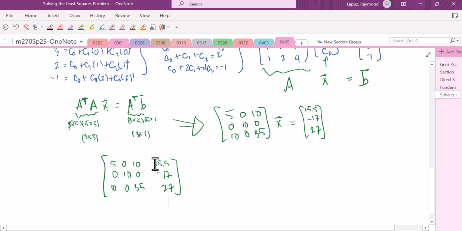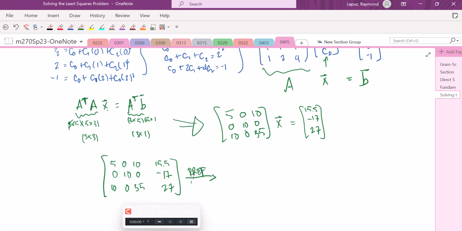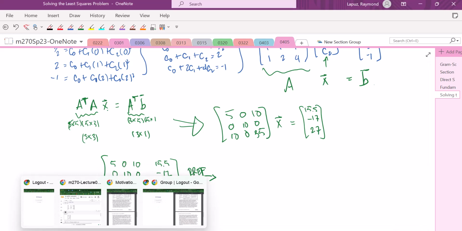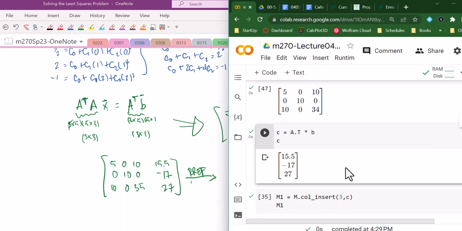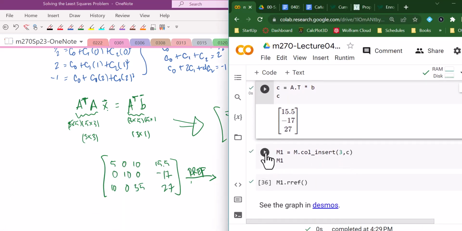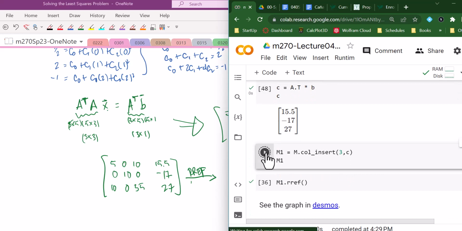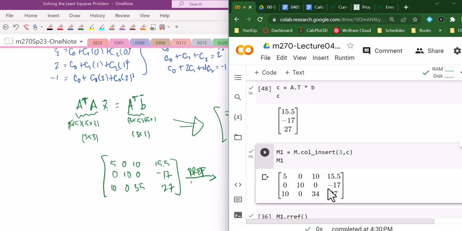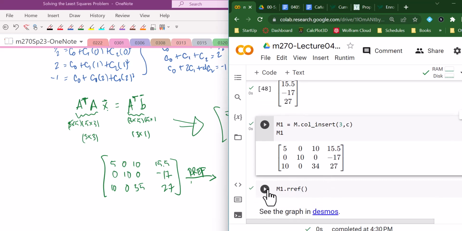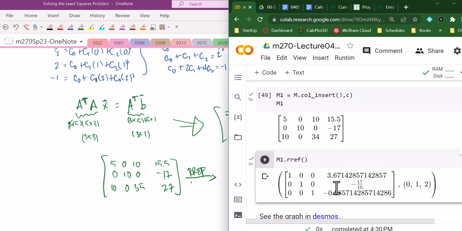Okay, and then a quick RREF on the computer, and we should get our solution. And the way I'm going to do that in Python is I'm going to first combine the two matrices just by inserting that last column at the end, and then we'll do an RREF. Seems like I get some fractions and some decimals.